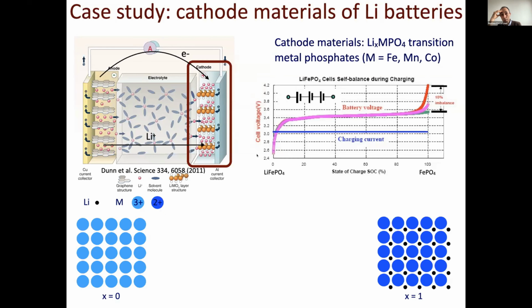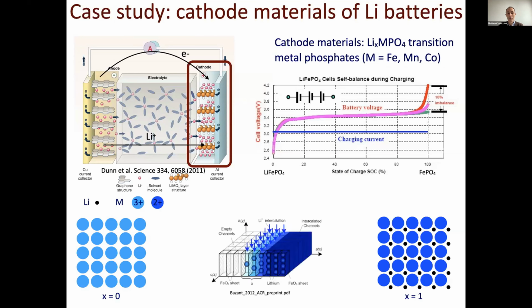And that's not a trivial statement from the point of view of the cathode, because it means that basically no new phase forms at intermediate concentration of lithium. So what we have in between these two stages is this phase, a little bit of this phase, and a little bit of this phase that don't mix with each other.